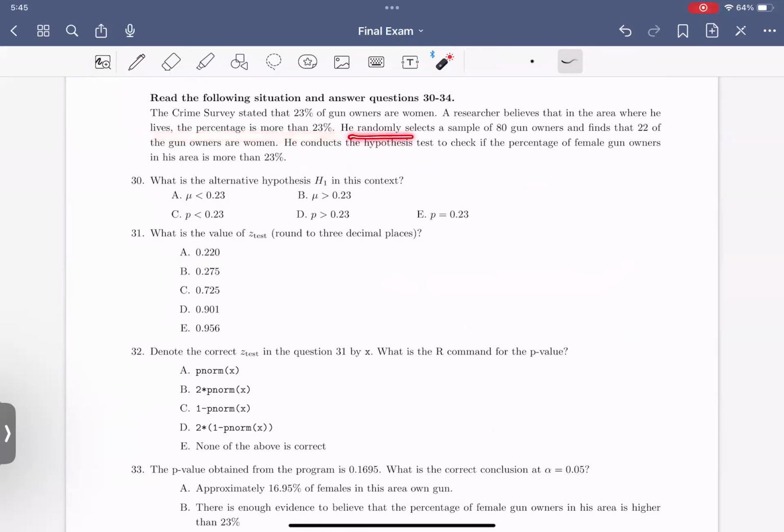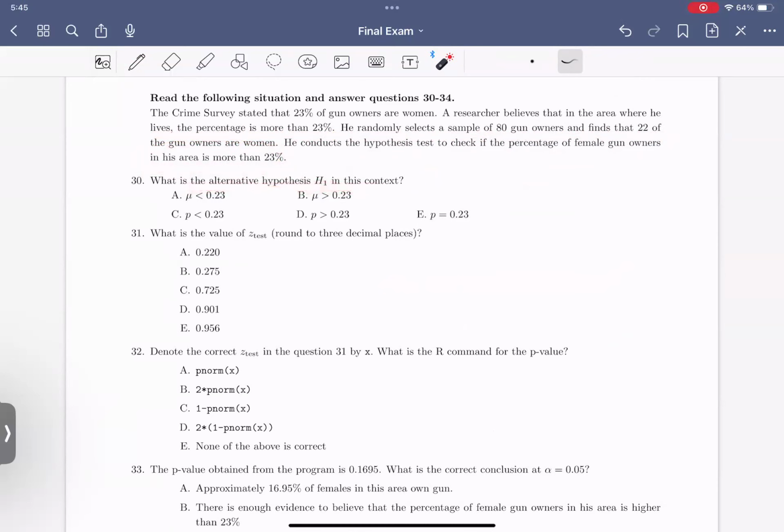So he randomly selects a sample of 80 gun owners and finds that 22 are women. So he conducts the hypothesis test to check if the percentage of female gun owners in his area is more than 23%. What is going to be the correct alternative hypothesis in this context?